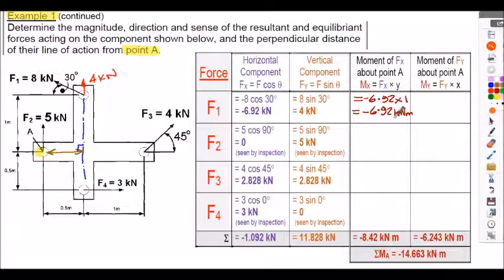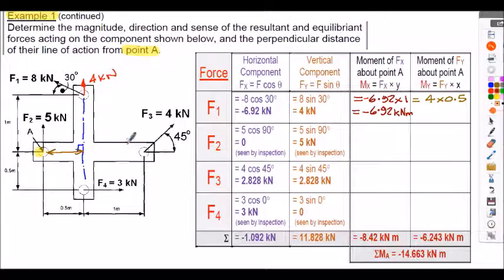So undertaking the calculation again, that's equal to the force is 4 kilonewtons. That's multiplied by our distance, 0.5 meters. And again, we must think of the sense, is it positive or negative as far as the moment is concerned?